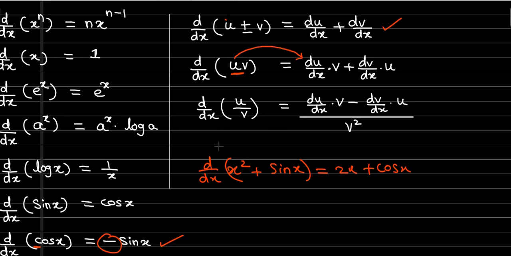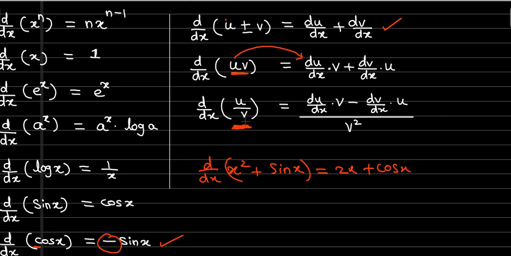Doing the differentiation of both functions together is wrong. So whenever two functions are in product form, at a time you differentiate one function, keep the other as it is, then plus, differentiate the second function, keep the first function as it is.